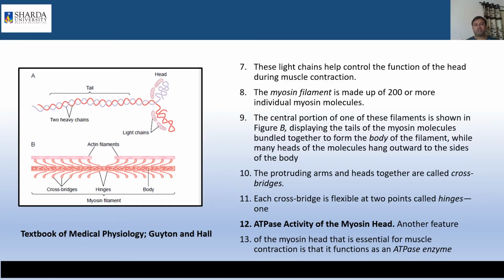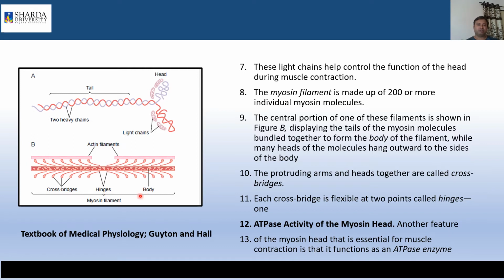An important thing about the myosin filament is that these heads form the myosin cross bridge. The important point of this cross bridge is that it has ATPase enzyme activity.